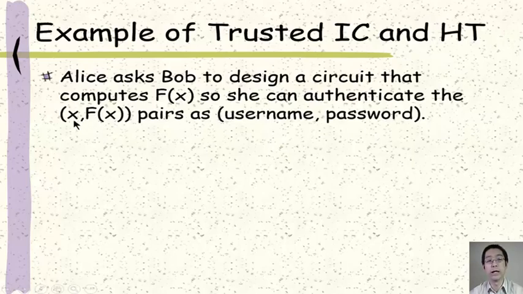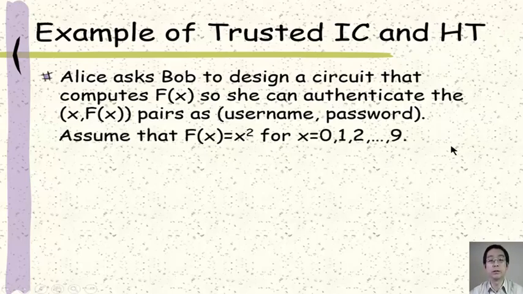The user will enter the username and password, and Alice can use the circuitry to compute f of x and then compare it to see whether the user-entered one is valid or not. Now let's see Bob gives Alice this design for a very simple case when f of x is x squared and we have 10 potential users.